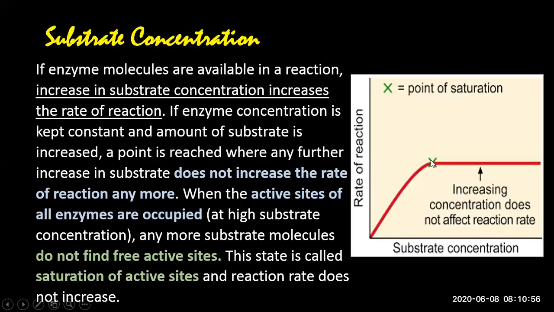I'm talking about this constant line. Now the reaction is not increasing, rather it has become constant because there is no free active site of enzyme available. And this point, the green cross in the graph, is called the point of saturation. There is no free active site of enzyme available.